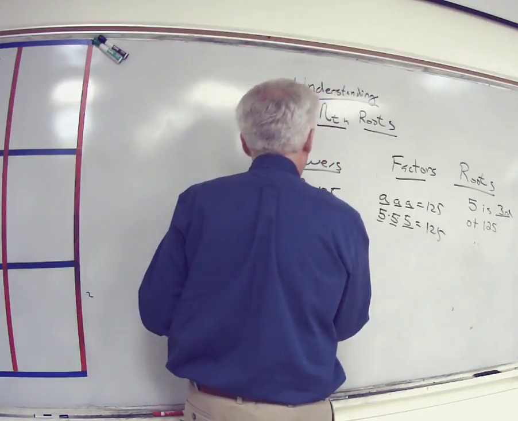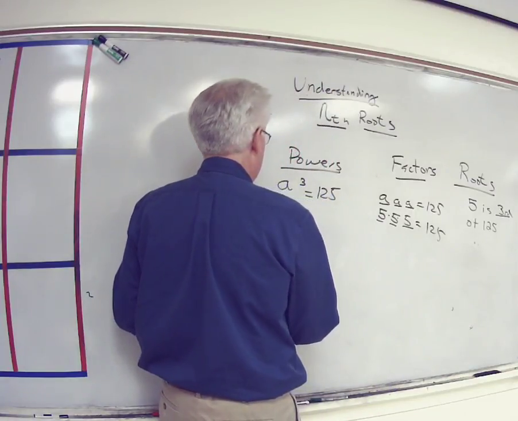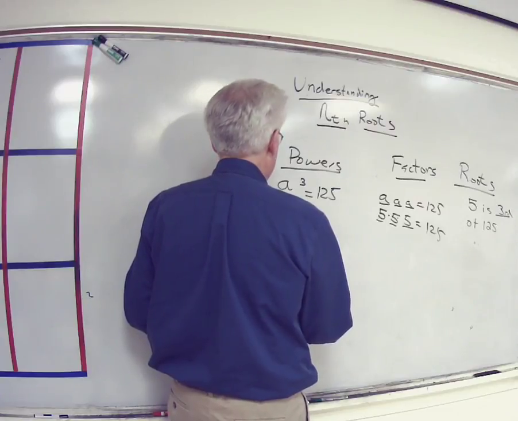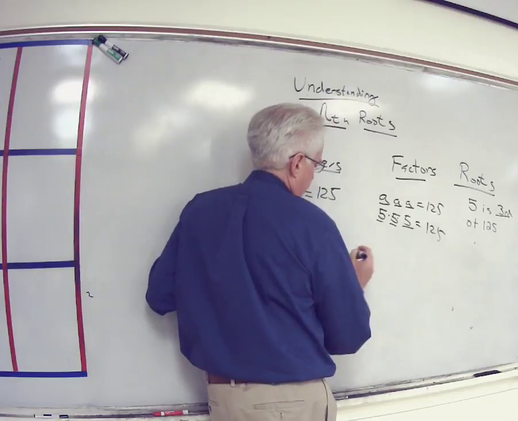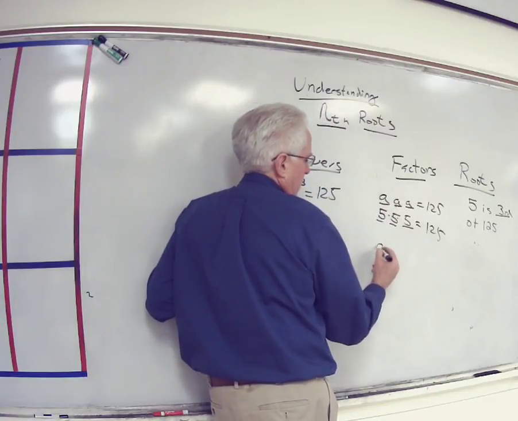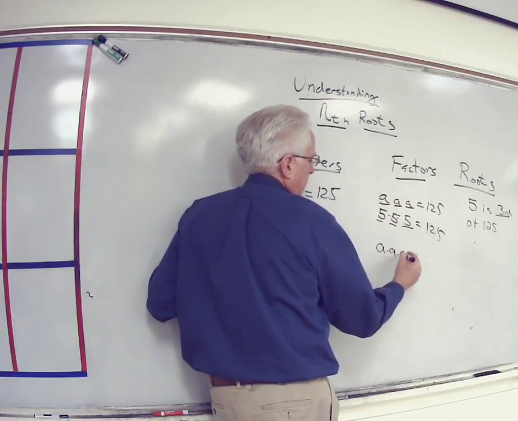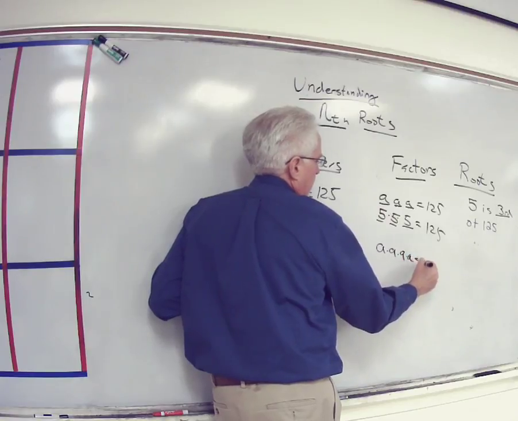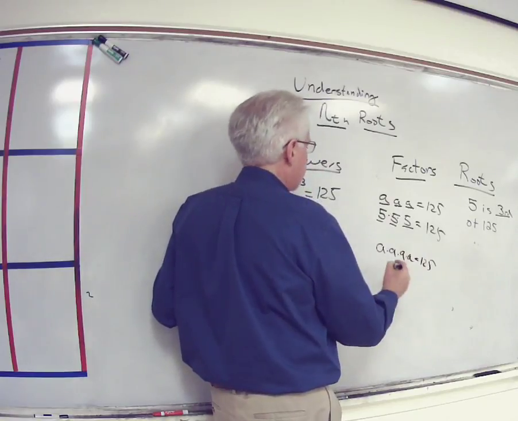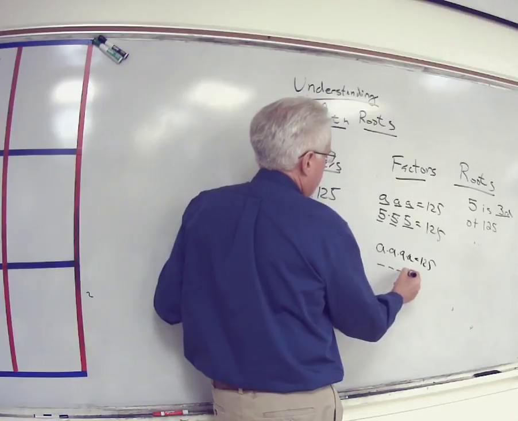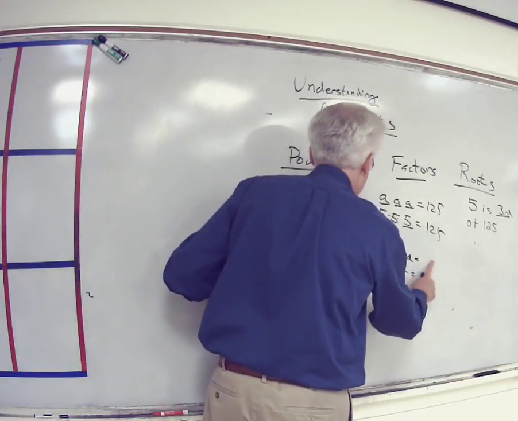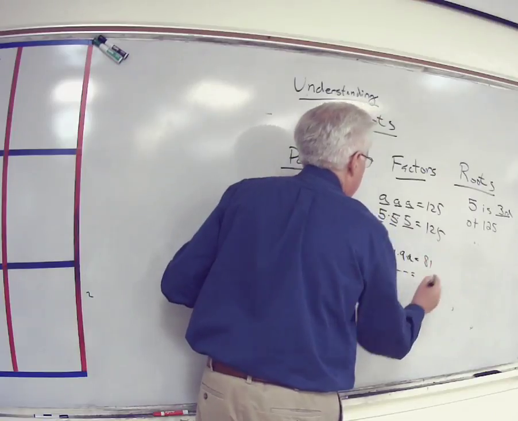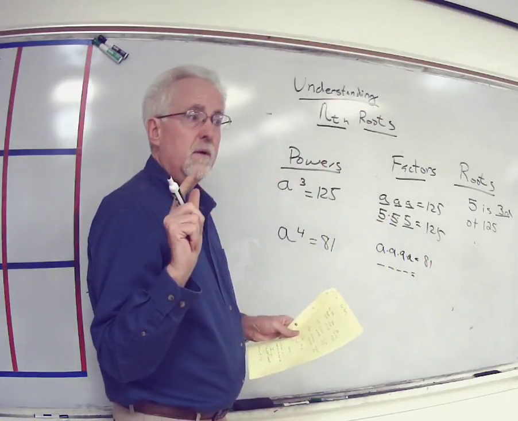Okay, let's do another one. What if I have A to the fourth is equal to 81? Braden, what would you say? What times what times what times what is equal to 81? 3.